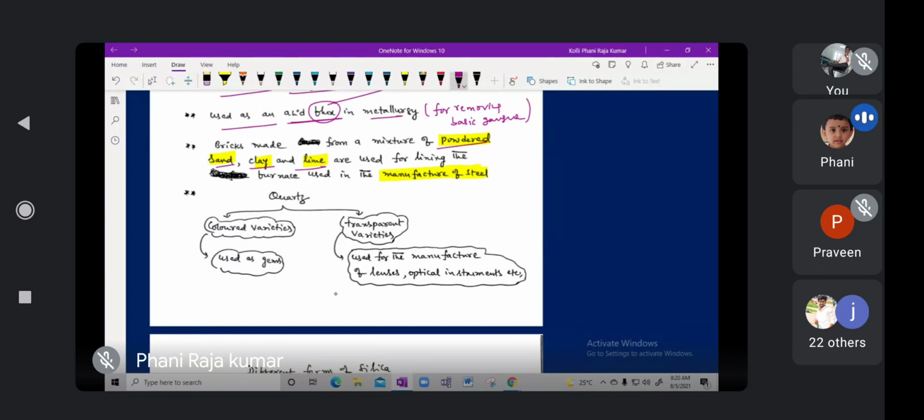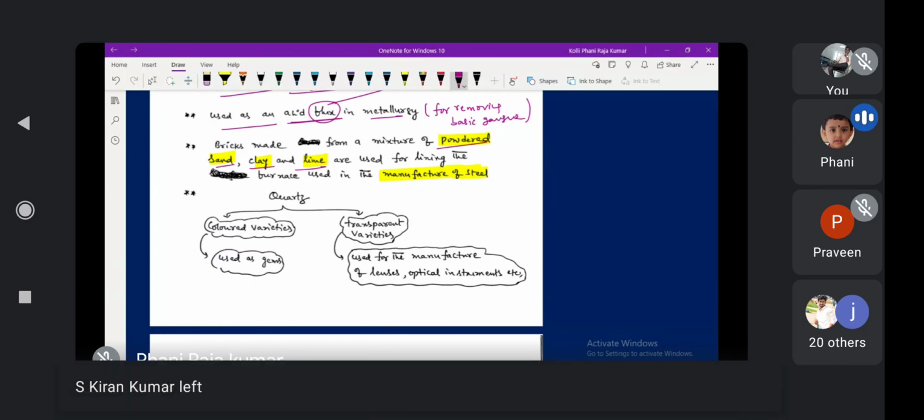We call them refractory materials. Refractory materials, high melting solids, can withstand high temperatures and protect the furnace. So powdered sand means SiO2, clay, lime, all these mixtures, bricks we are using for lining the furnace.